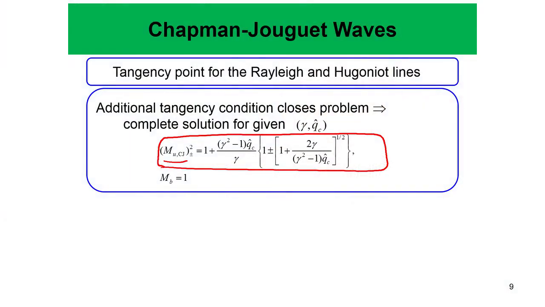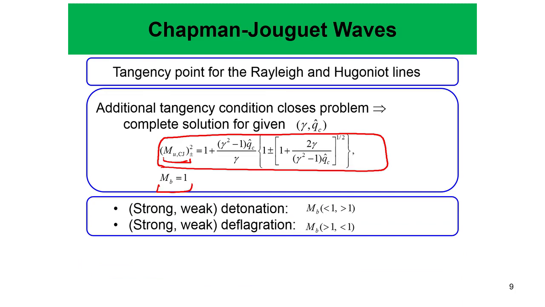That is a very beautiful thing that comes out, and so instead of even specifying the wave structure, you can find out this Chapman-Jouguet velocity, and this is the velocity with which a detonation or a Chapman-Jouguet deflagration propagates, and of course MB is equal to 1, that is the burnt gas Mach number should be equal to 1. And this is once again for strong and weak detonation, your MB is actually less than 1 and greater than 1, and for strong and weak deflagration your MB is actually greater than 1 and less than 1.